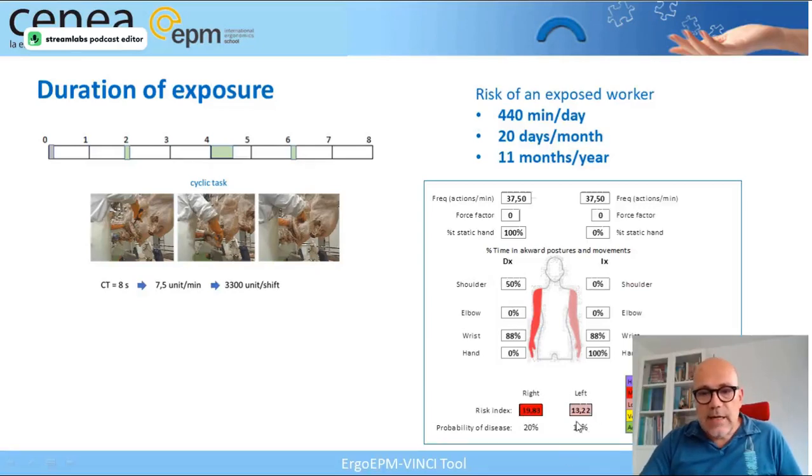These levels of risk, and therefore these probabilities of developing a musculoskeletal disorder in the upper extremities, will be experienced by the person who performs this work for 440 minutes a day. Every day, that is, 20 days a month, for 11 months a year.